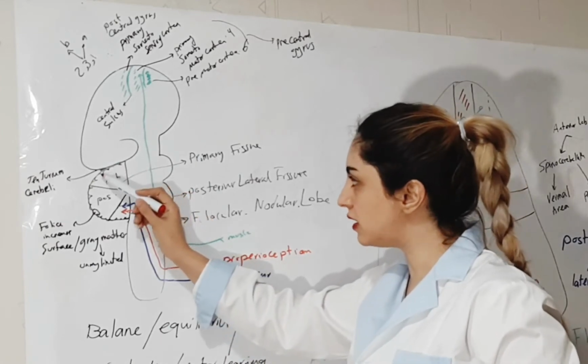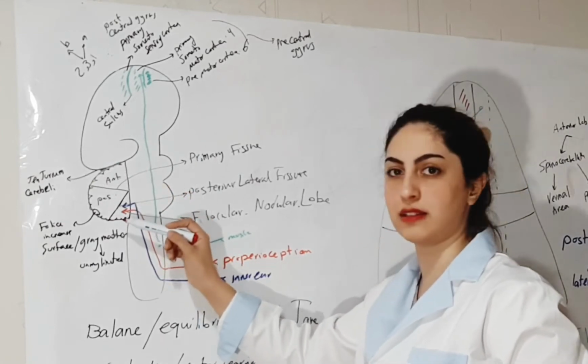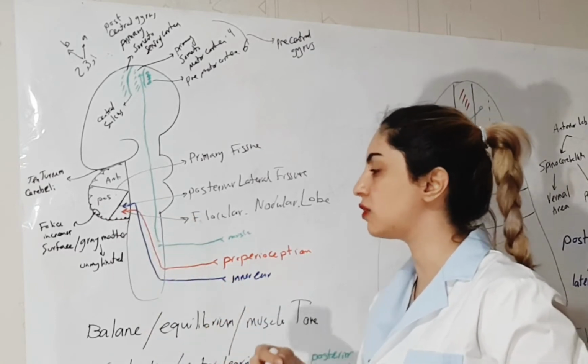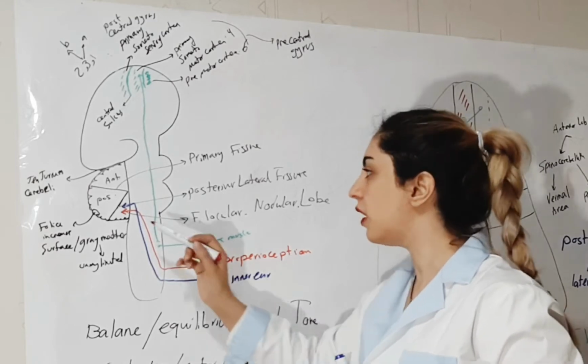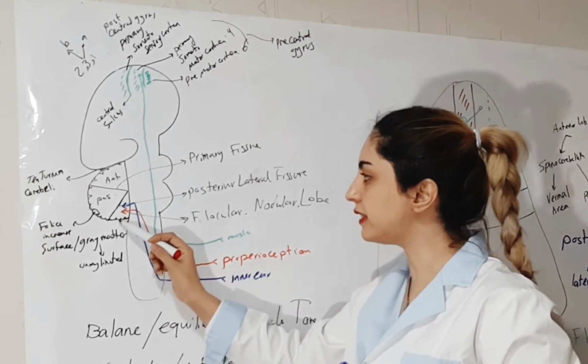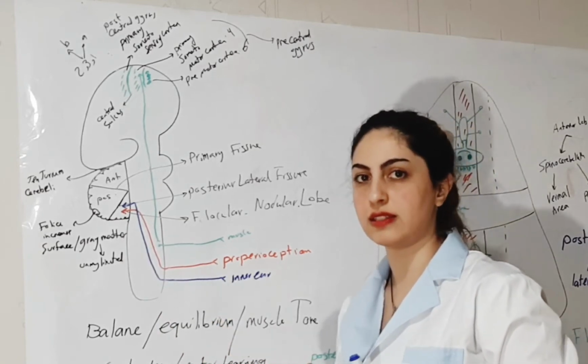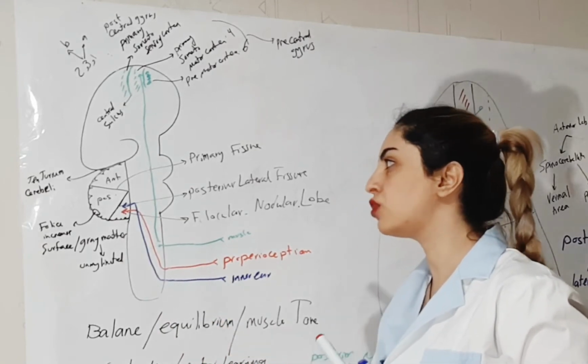And here, as you see, the cortex is folded, which increases the surface, so increasing its function. On the cortex of the cerebellum, it is gray matter, so it has nuclei in it.